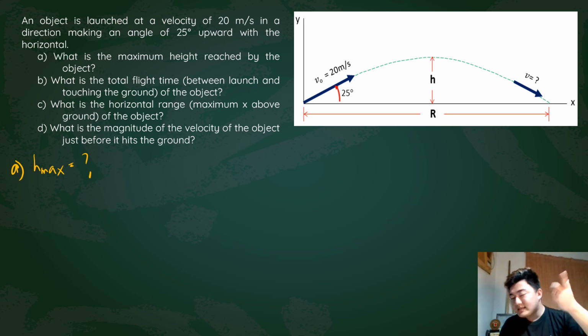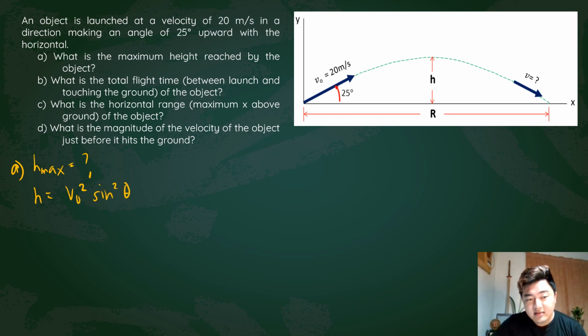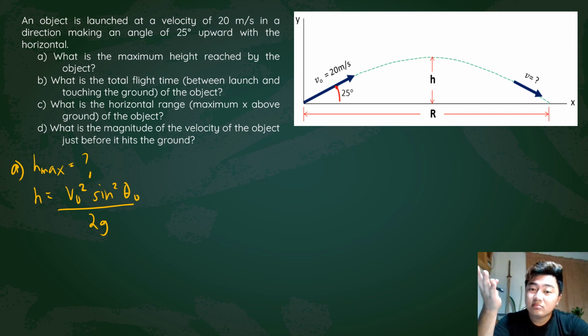What's the derived formula for h max? You have your height, which is equal to your initial velocity squared sine squared theta over 2g.